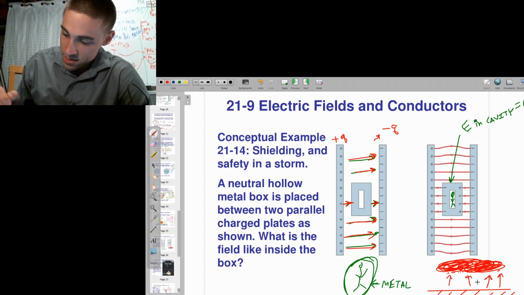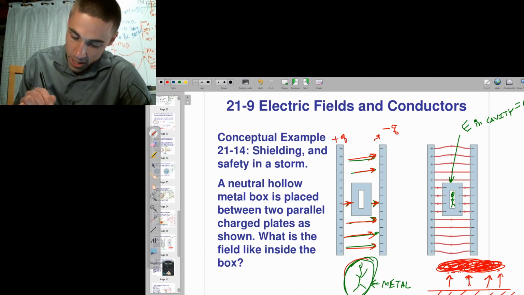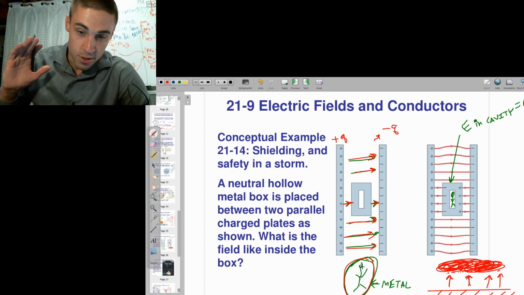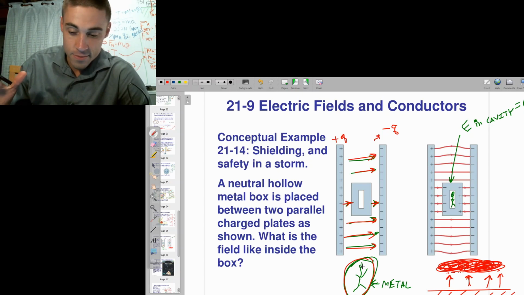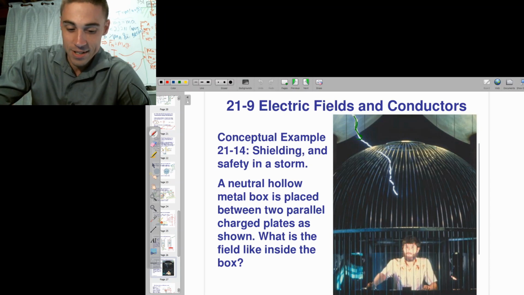And that makes these electrons want to jump down to the ground, right? That's called lightning. Now, if you could shield yourself inside of a metal cage or something, you wouldn't have to worry about being struck by lightning. So that's a pretty cool thing to know. If you're driving in a lightning storm and your car gets struck by lightning, don't get out of the car. That's actually a true statement.